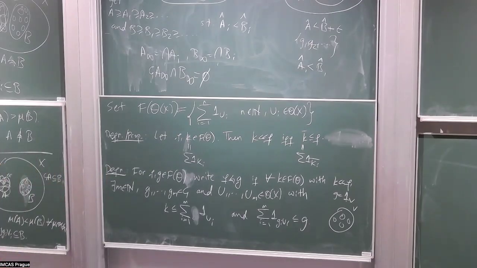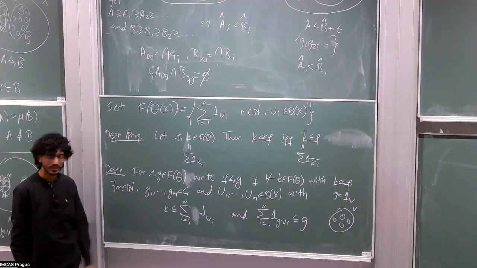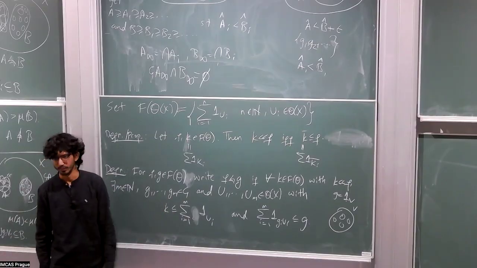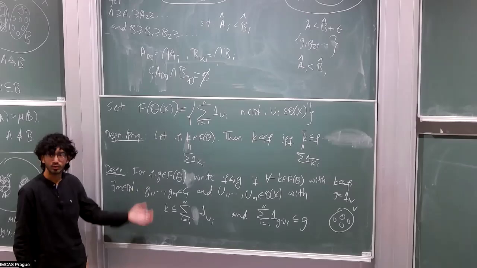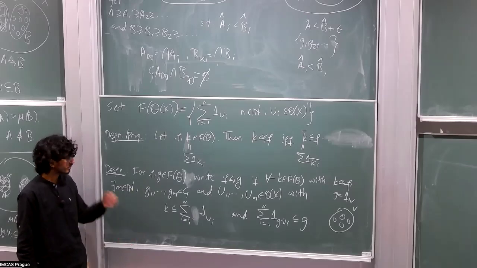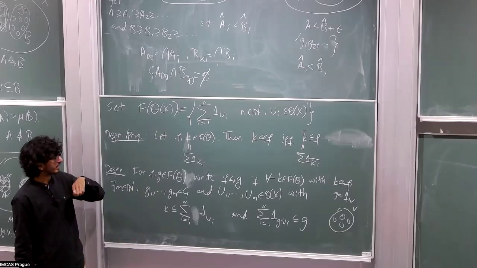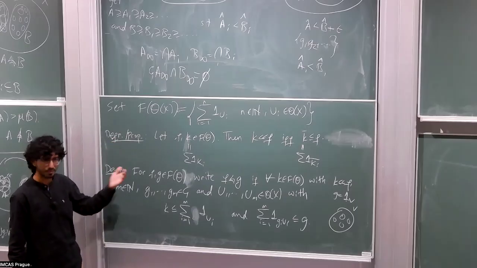Okay. So if this holds, then I say F is dynamically below G. And I consider the equivalence classes I obtained from this relation. And that forms the type semigroup.